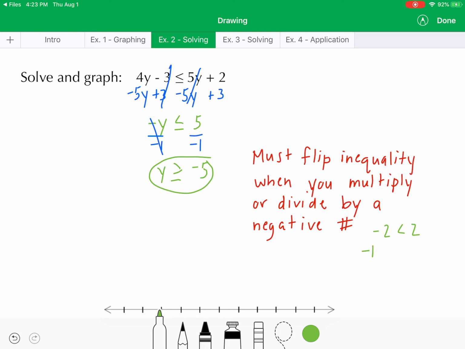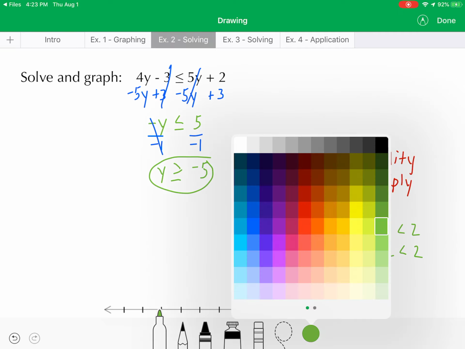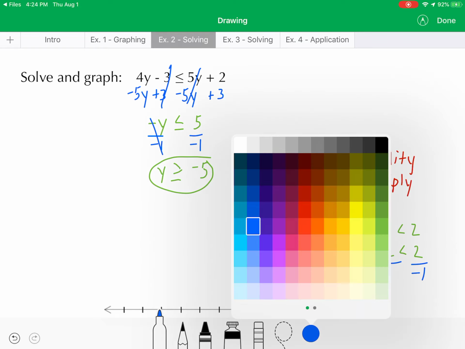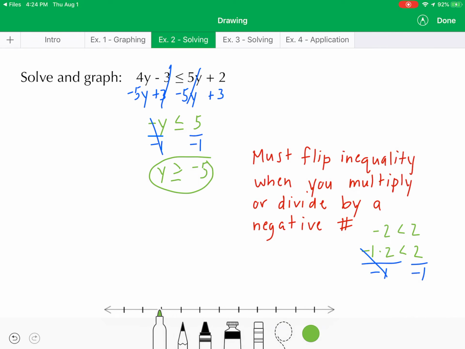Now let's treat it like -1 times 2 is less than 2. Still a true statement. Let's divide or multiply both sides by -1. On the left side, you will get 2. On the right side, you will get -2.